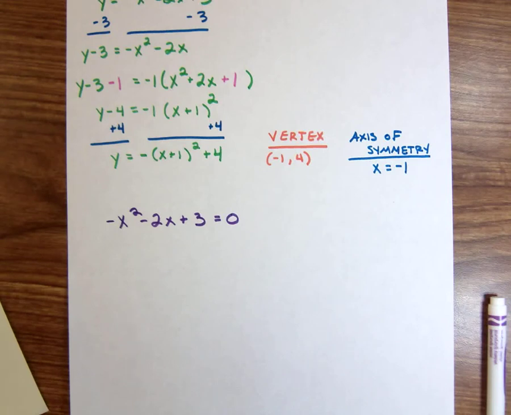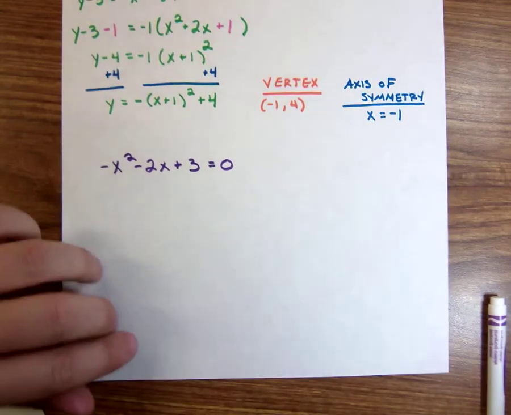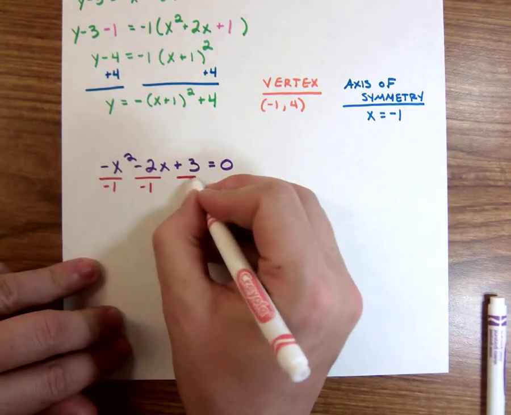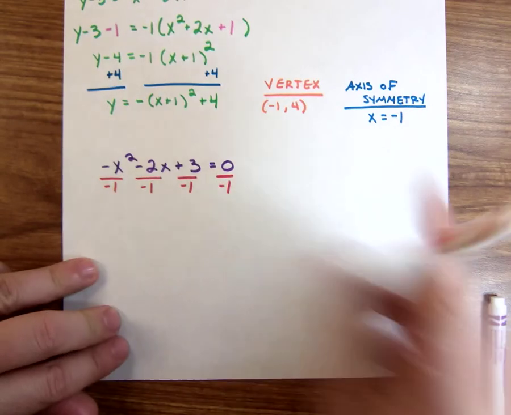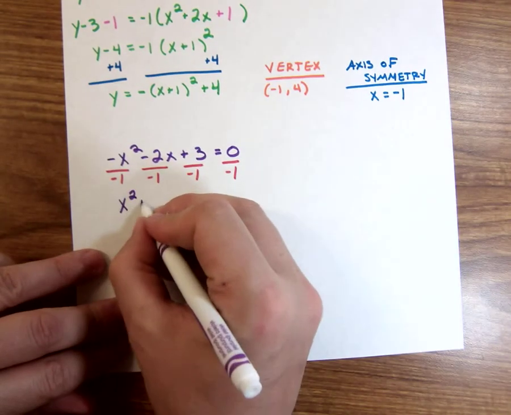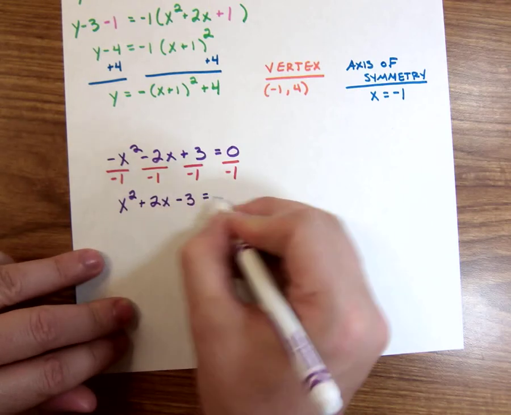Now, I don't like that it starts with a negative, so the first thing I'm going to do is divide everything in this problem by negative 1, just so it doesn't start with a negative. So that's going to give me positive x squared plus 2x minus 3, and then 0 divided by negative 1 is 0.